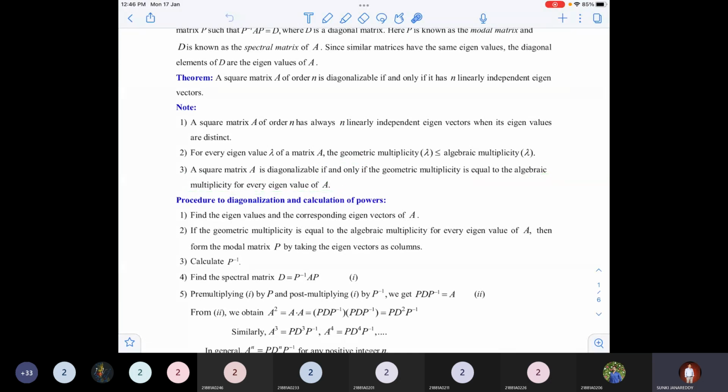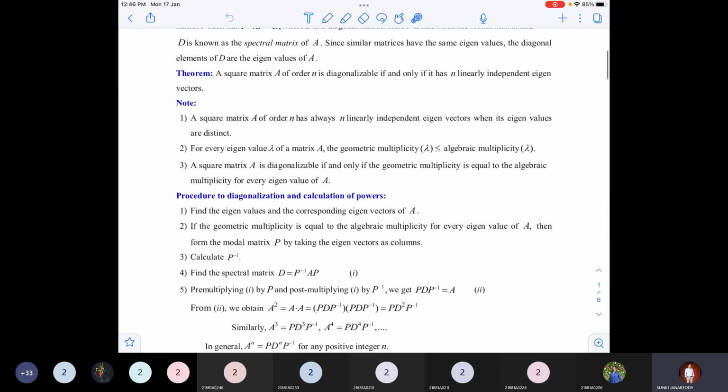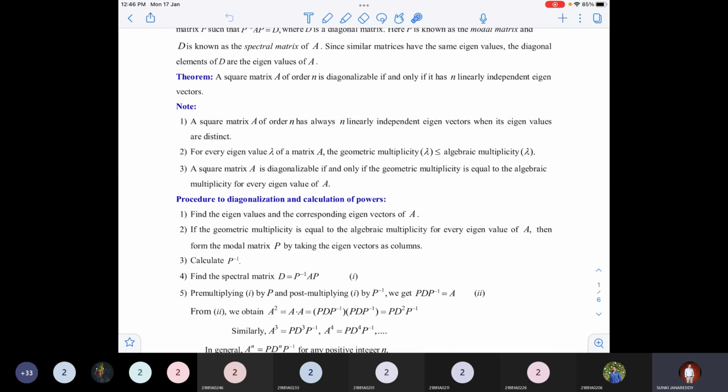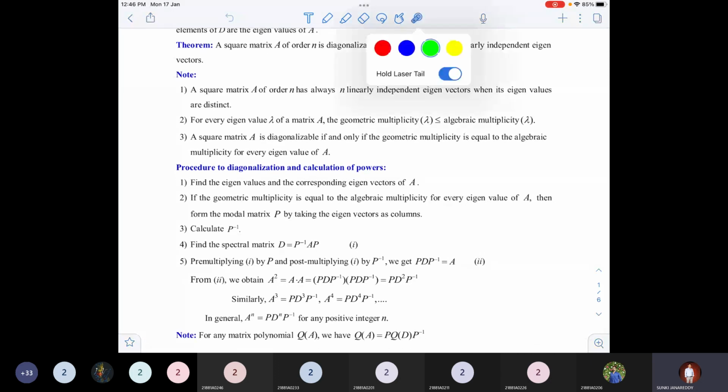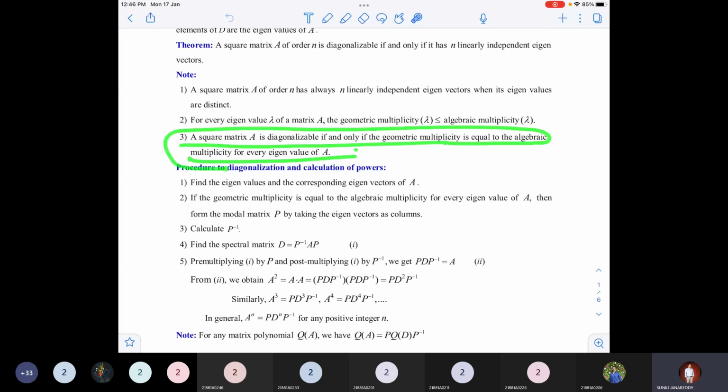If that condition is satisfied, then diagonalization is possible for that matrix. I think you understood. If you did not understand, tell me and I will explain this condition again. We already discussed it in the first class on eigenvalues and eigenvectors.